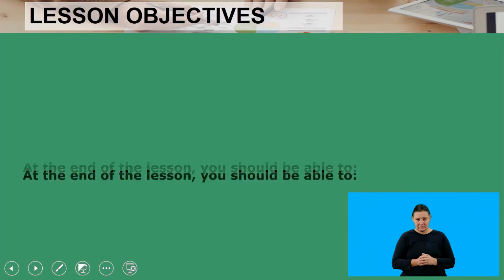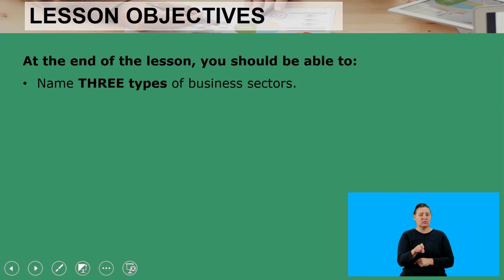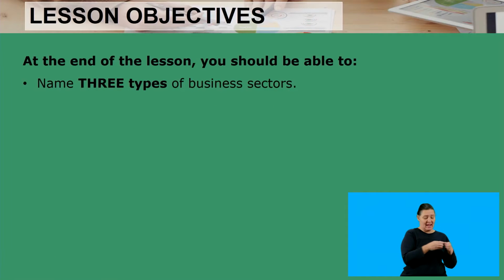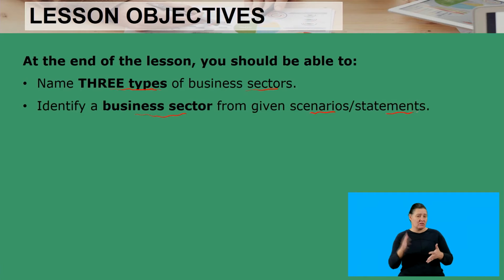Now, lesson objectives. This is what we should understand at the end of this lesson. You should be able to name three types of business sectors. You should further be able to identify the business sectors from a given scenario or statement.